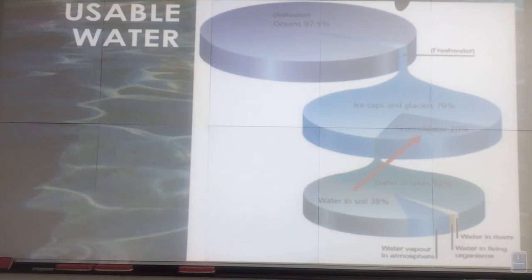What is liquid water, what is drinkable water, you'll find 52% of that is in our lakes and streams and rivers, but a good portion of that is the water that's in the soil. Then you have a small portion that is water vapor, which is considered fresh water. So the bottom circle and the quarter of the pie in the middle circle is what we consider fresh, drinkable water.